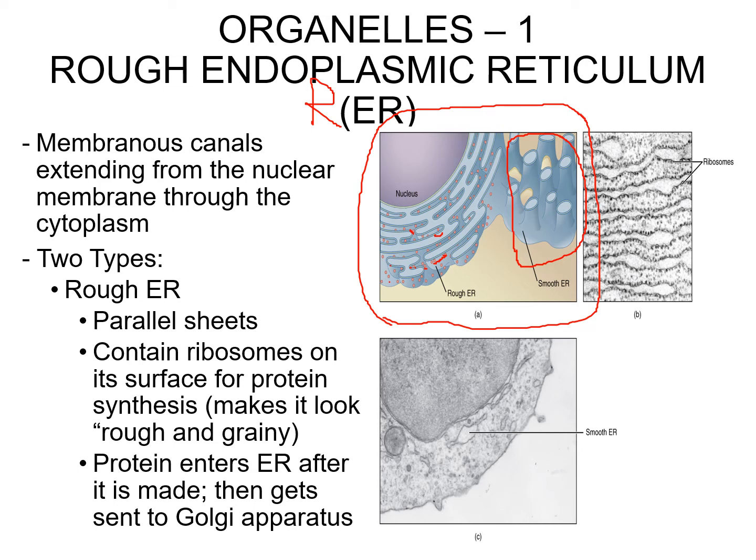Now you betcha. So those little dots on the rough endoplasmic reticulum are ribosomes. And what we're going to learn in just a moment when we get to the ribosome page is this is where we make our proteins.